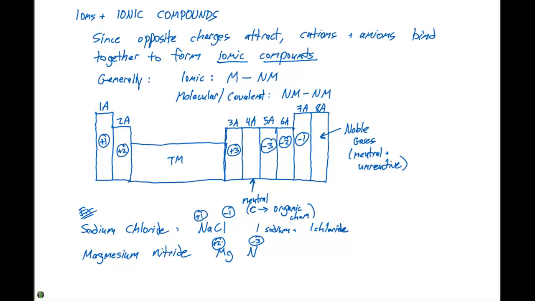Ionic compounds come together to balance out their charges. So in order to do so, we need 3 Mg2+ cations plus 2 nitrogen 3- anions to form our ionic compound. So the resulting compound is going to be Mg3N2.